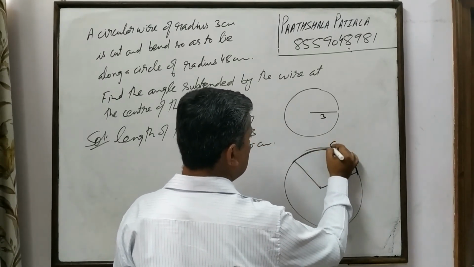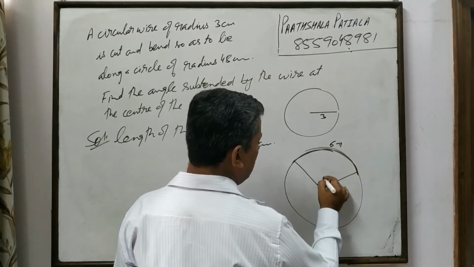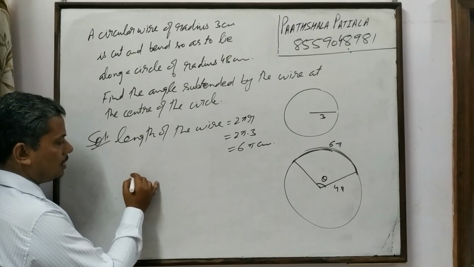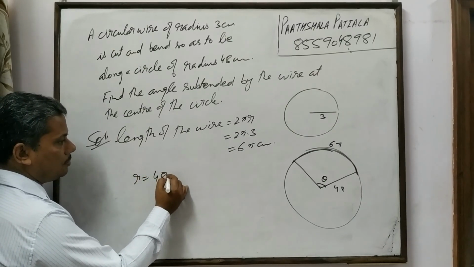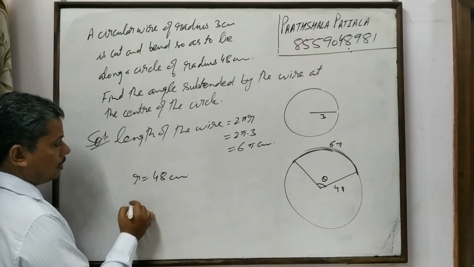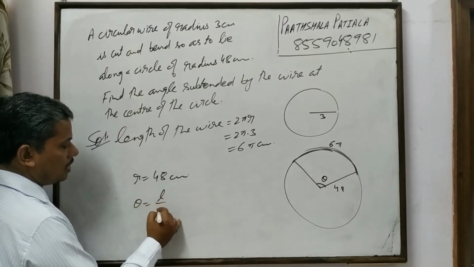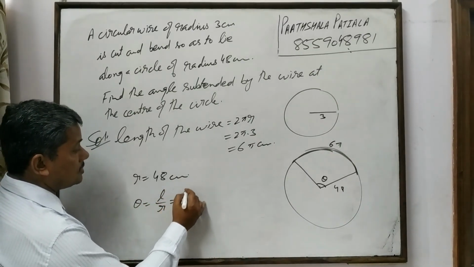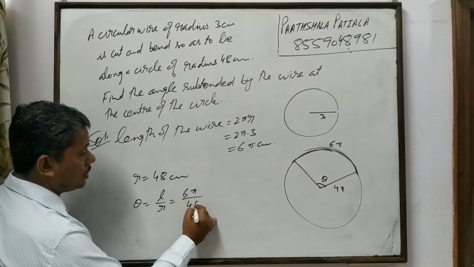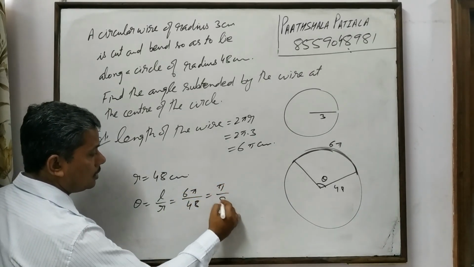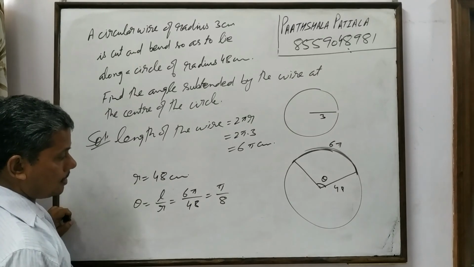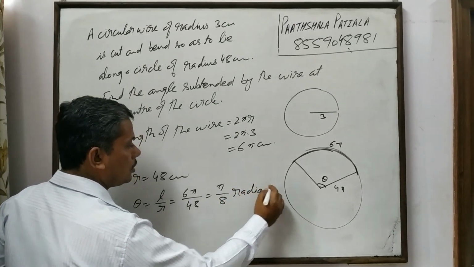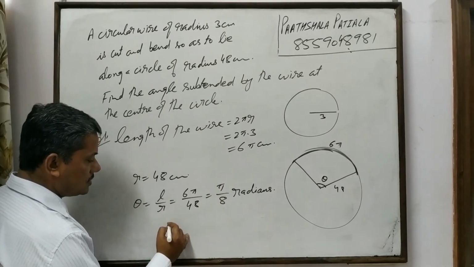Now this is 6 pi. You need to find theta. So L in this case is 6 pi. R is equal to 48 centimeter. And theta is equal to L upon R, which is 6 pi upon 48. That is pi by 8 radians. Now you can always convert that into degrees.